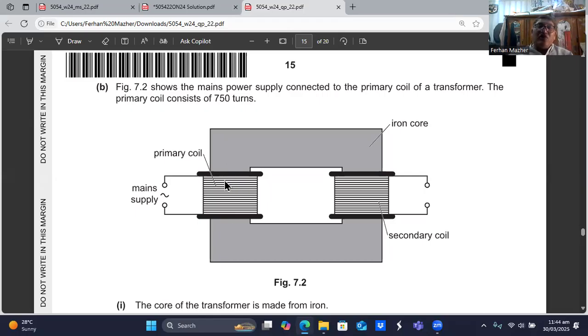And the polarity and the magnetic strength of that electromagnet is periodically changing. Sometimes this becomes north, and sometimes the top side becomes north. So the electromagnet formed on the primary coil due to this alternating current is periodically changing its polarity, and it is also changing its magnetic flux, its magnetic strength.